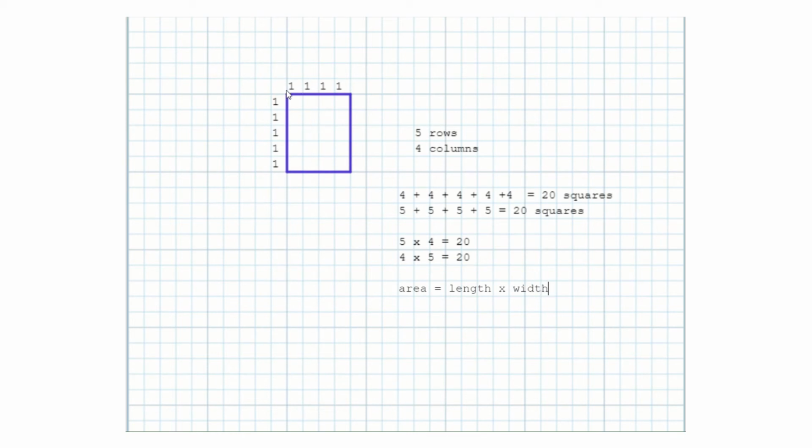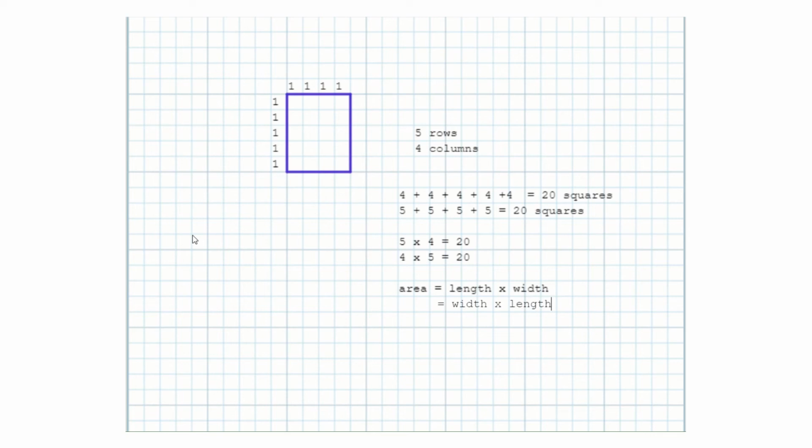We said it's 5 squares tall or long and 4 squares wide, so we could do 5 times 4. Area can also be found by doing width times length. So we might have said it's 4 squares wide by 5 squares tall, so 4 times 5 equals 20. This is the calculation for area.